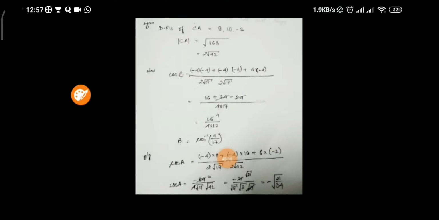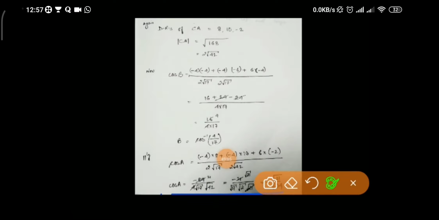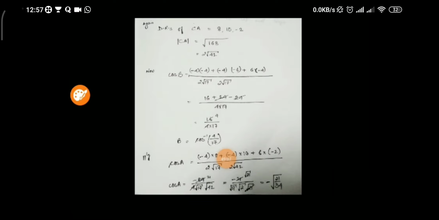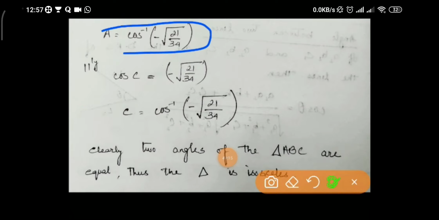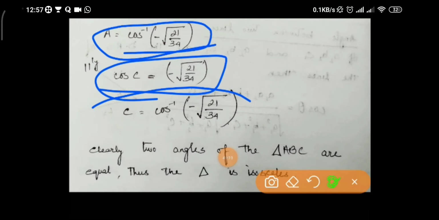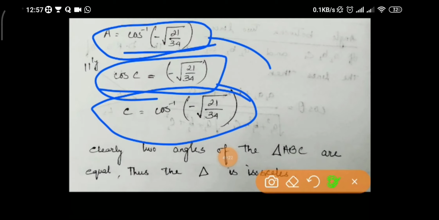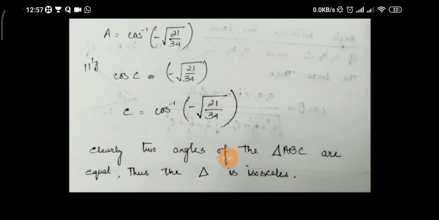So I got cos A equals minus root 21 by 34. Now you can see A is this. So similarly, you find out cos C. You will see that the angles are the same. So if two angles are the same in a triangle, their opposite sides are equal. Sides opposite to equal angles are equal, so it is an isosceles triangle.